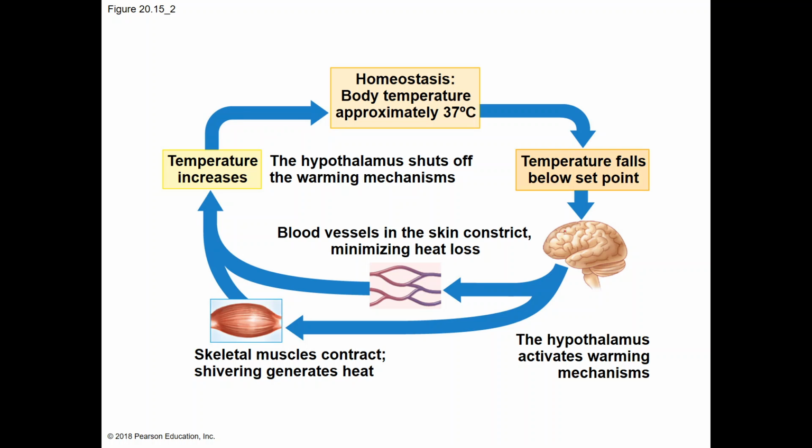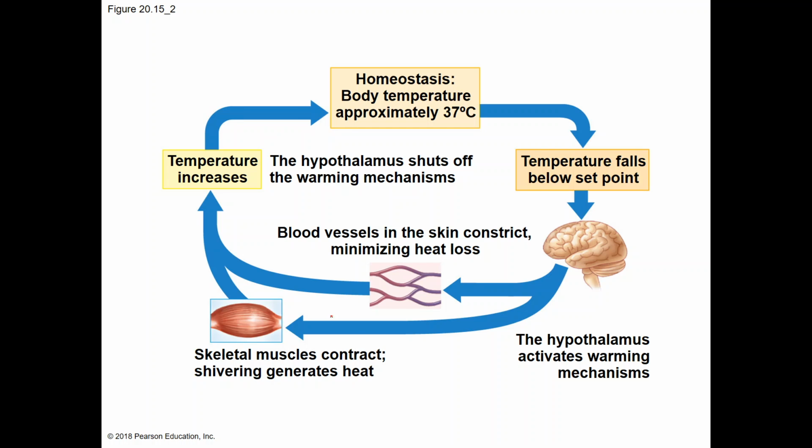And it works both ways. As the temperature falls, we have a response from our brain to trigger some kind of response in the body. In this example, the brain is getting a sensory stimulus that the temperature has fallen below a certain point. It's going to trigger the blood vessels below the skin to constrict, again, to keep the internal organs warmed and minimize loss of heat.